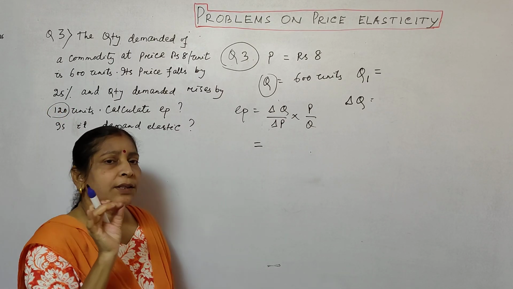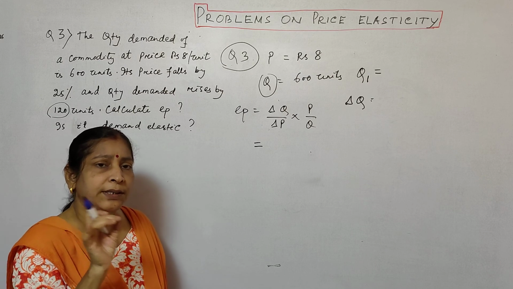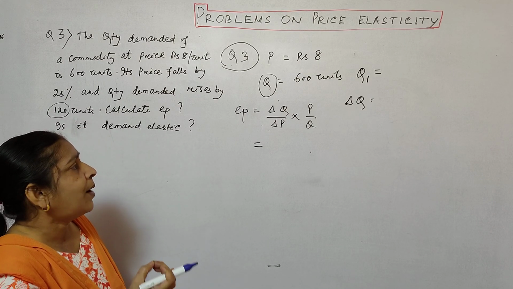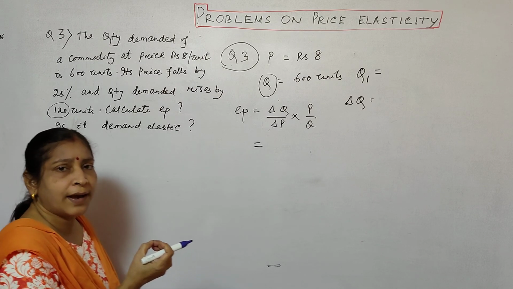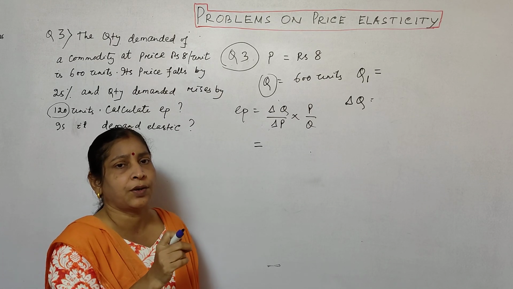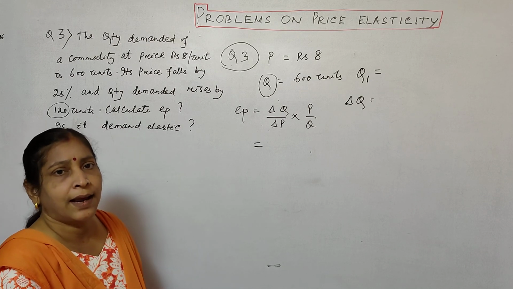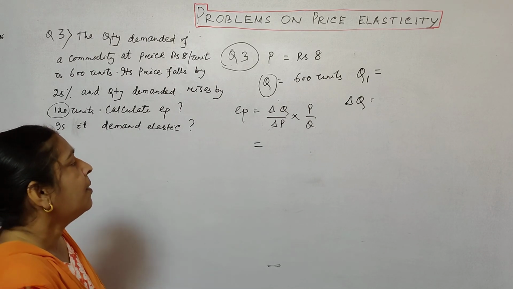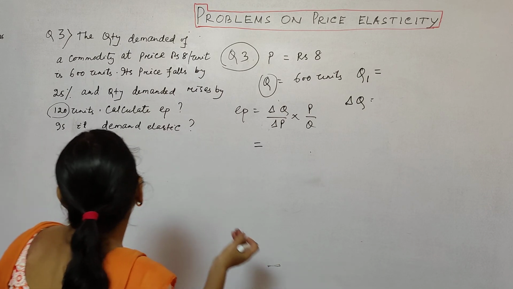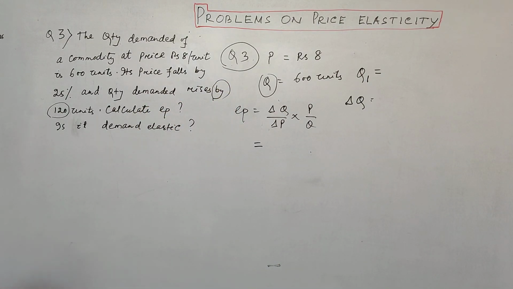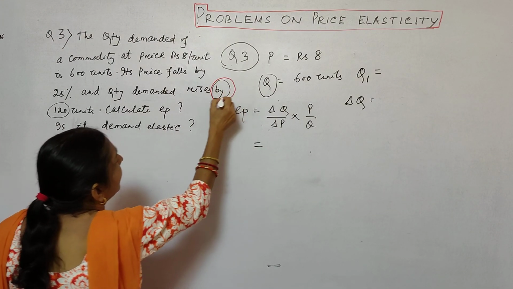But they have given the word by, so you have to distinguish between the word by and to. If they give by, then this is not the final, this is the change portion. If they have given the word to, then this is the final, either the quantity or the price. So here they have given rises by. This is the most important word you have to remember here, by.